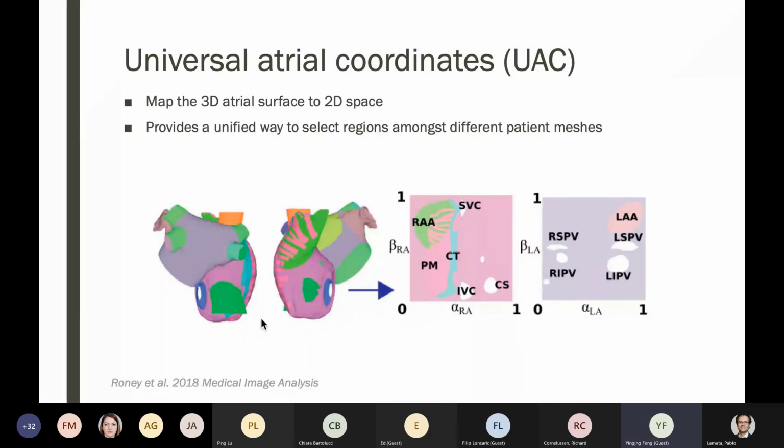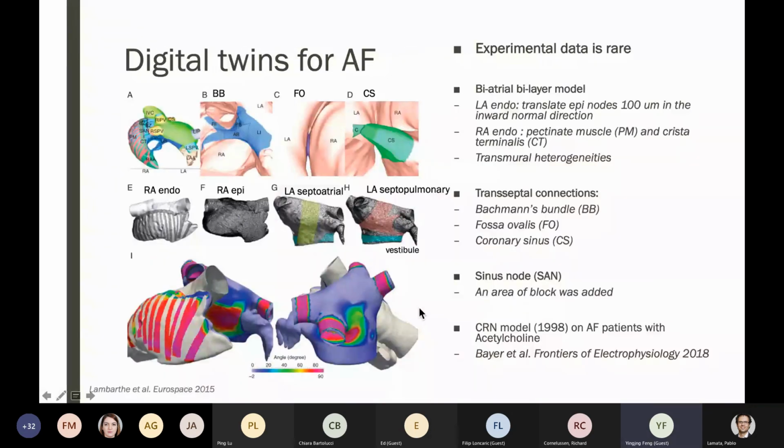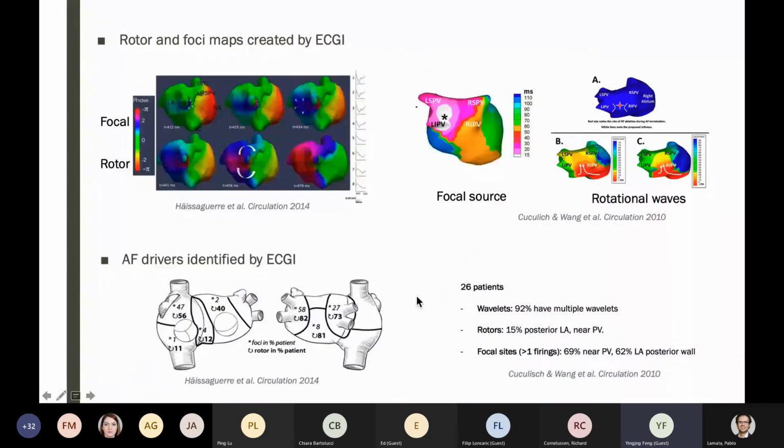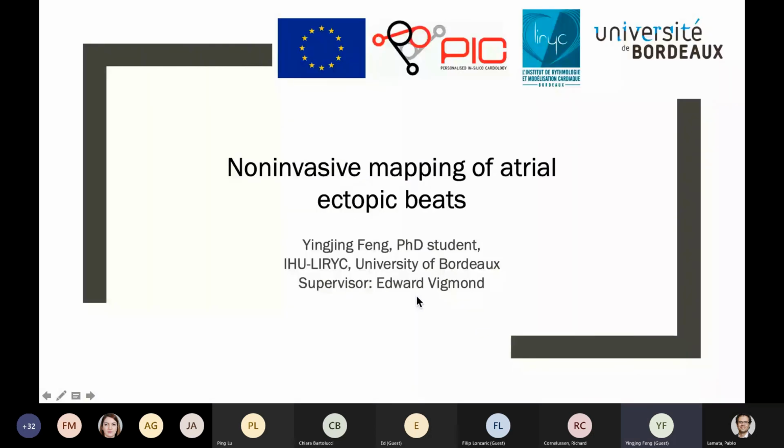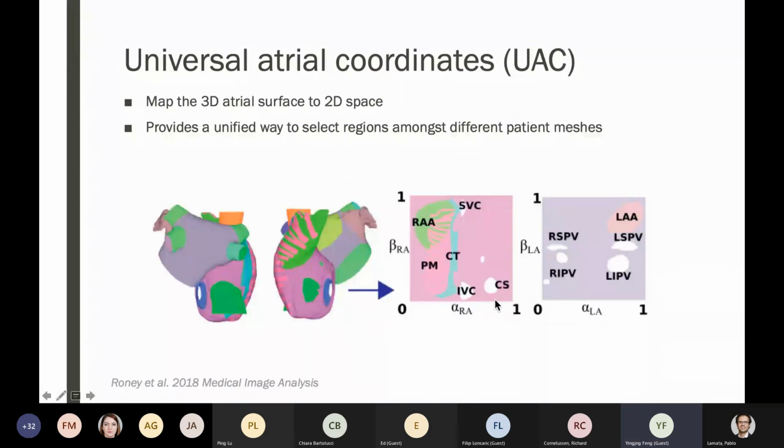So by identifying this boundary, we are able to create this 2D coordinate system. The key idea is to create the boundary and interpolate in between. And you can read this paper if you are interested. Okay, thank you.